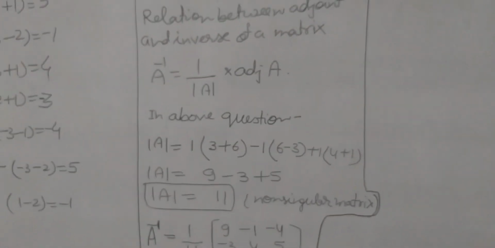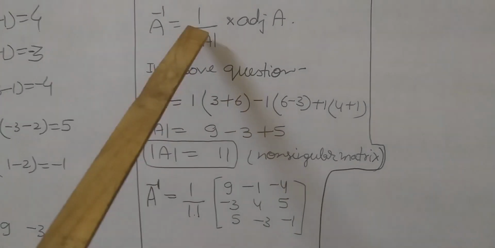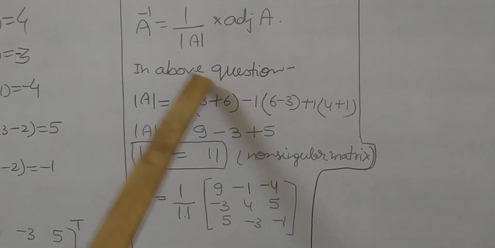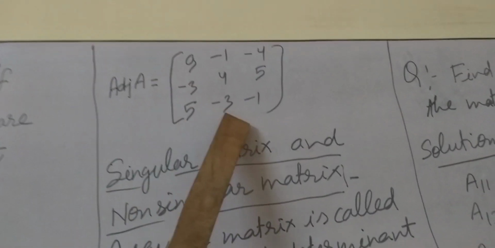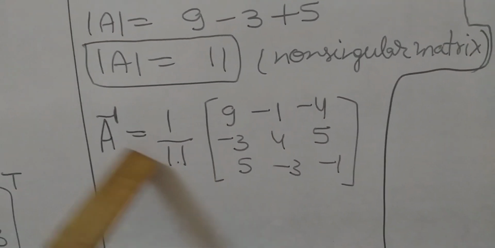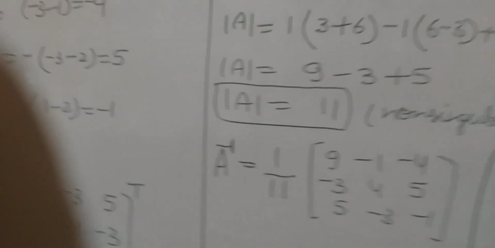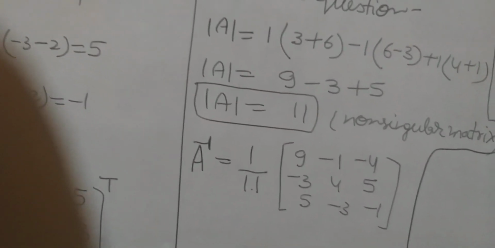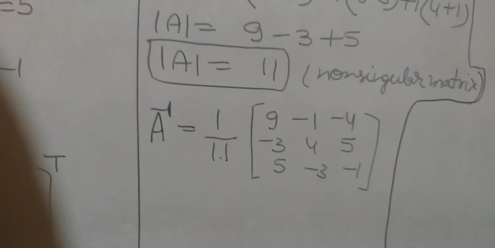Okay students, so we are going to apply this formula. A inverse equals 1 upon determinant of A, 11 student, into adjoint A, and this is the adjoint A value student. That value we have to put as it is. So this is the inverse. Okay students, so we can easily find out the inverse of a square matrix with the help of adjoint.